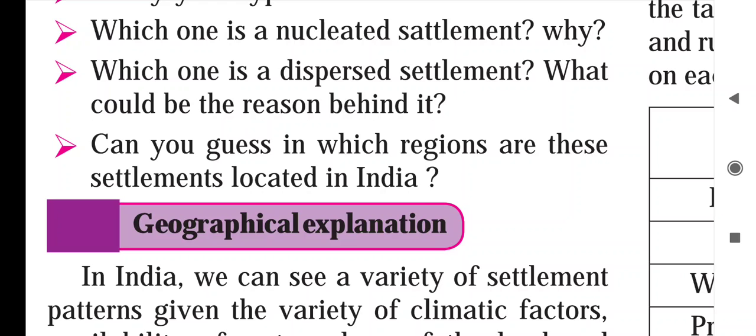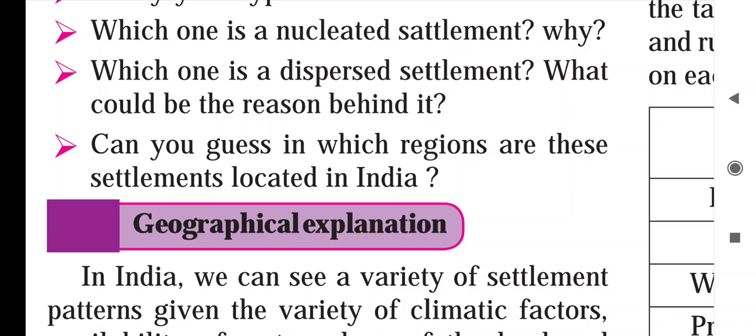So here they have said, if we talk about India, we can see in Mumbai city there is dense population. As we have seen in the northeastern part, now I have just shown you where this nucleated settlement is.